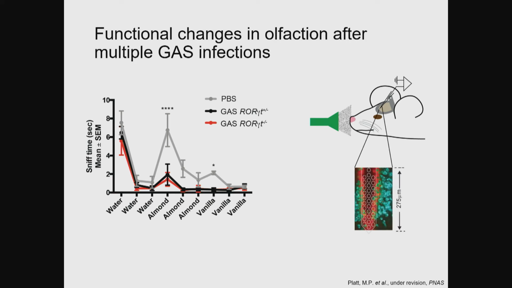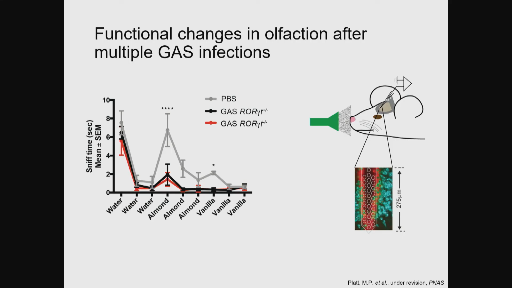So by lowering this probe into the right layer of the brain, the mitral and tufted cells, so this is like 2 layers in from the nose, and this is the layer of cells that projects back to the part of the brain that assigns emotional valence to things. So when you smell roses or whatever and you think of your grandmother, these are the neurons before those neurons.